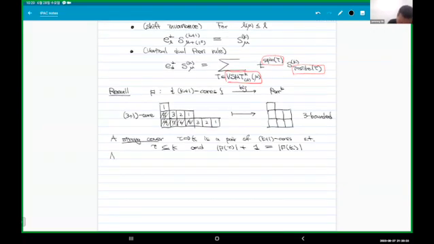And a strong marked cover is just a strong cover with a label on it: tau, kappa, and R. And here R should be one of the smallest row indices of a connected component of kappa minus tau.